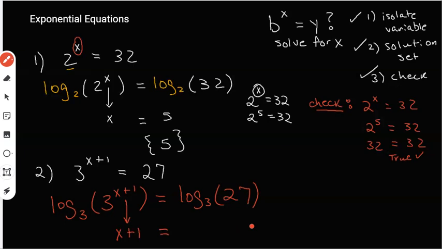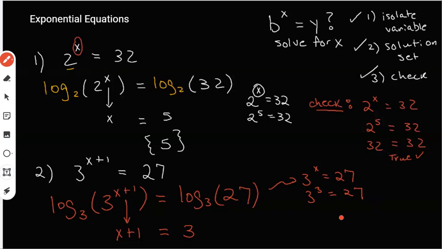On the other side, I've got logarithm base 3 of 27. That's going to be 3. This is asking, if you have a base 3, what exponent do you need to make it equal to 27? And this time it would be 3 raised to the 3 power. So I've got x plus 1 equals 3.